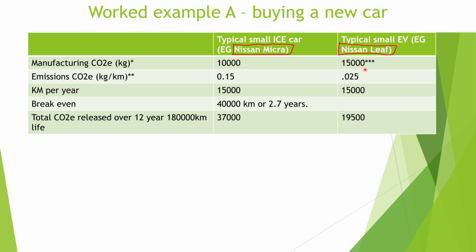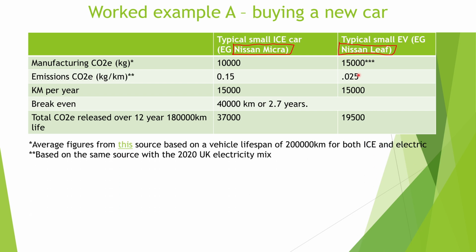We are assuming on the same source that will be linked in the description if I remember to put it down there, and is linked below here for information, but of course you can't click that if you're watching this on YouTube, that the Nissan Leaf takes about 50% more, so about 15 tons of CO2 equivalent, because it has a battery in it, and manufacturing batteries at the moment is an inherently energy and therefore often emissions heavy business.